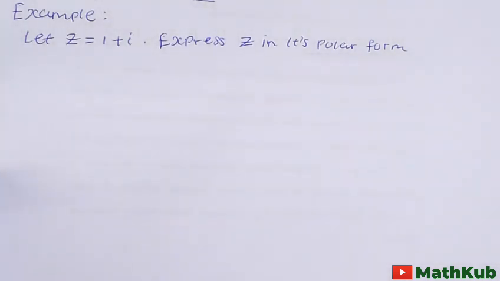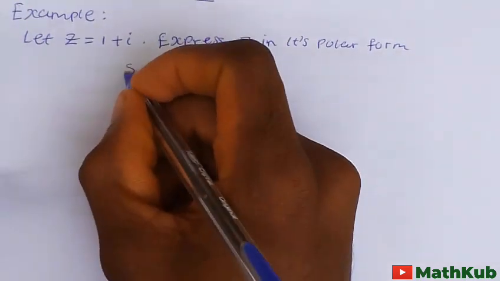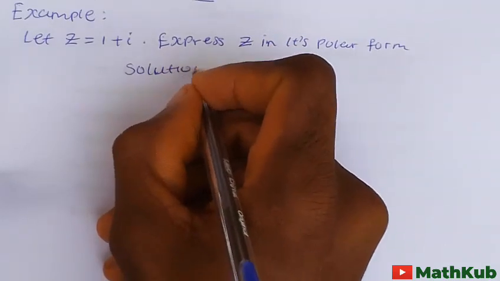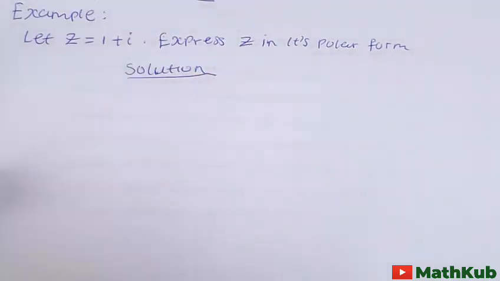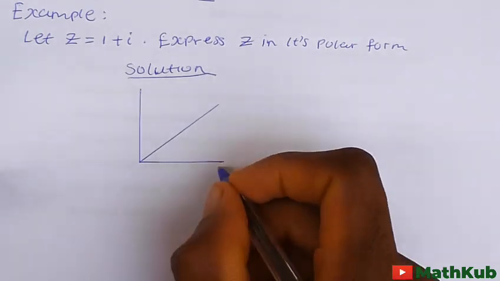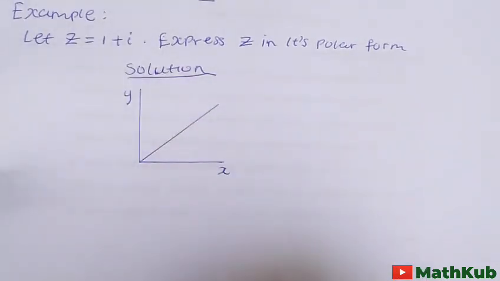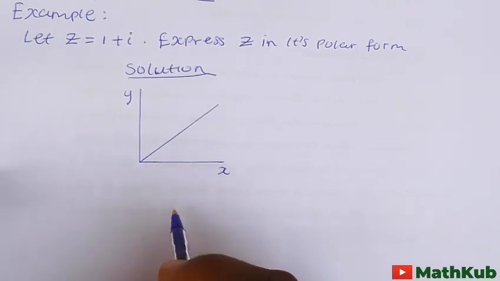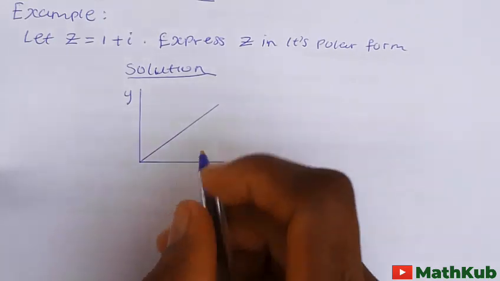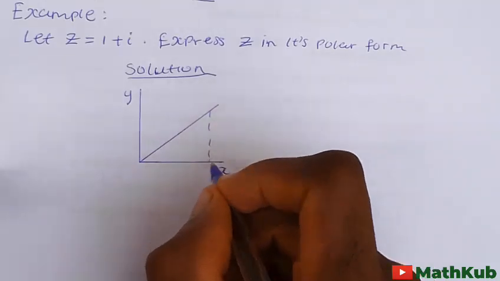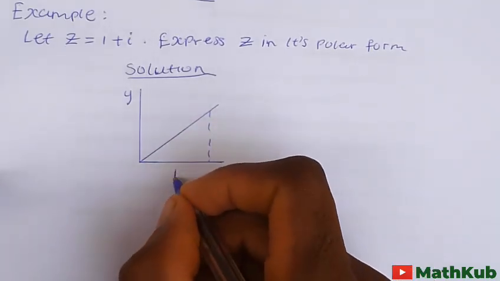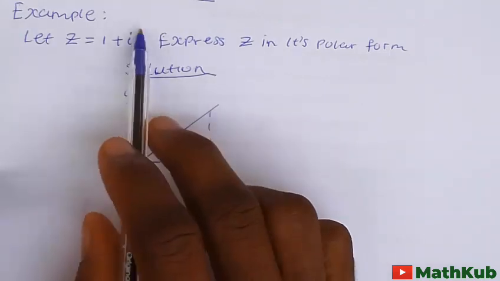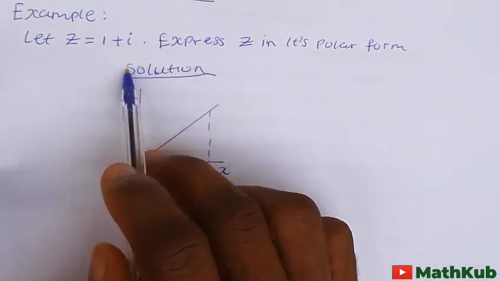Let z be equal to 1 plus i. The question now is, express z in its polar form. I want to represent this complex number in a Cartesian plane, the x and y axis. On the x-axis we have 1, and on the y-axis, the coefficient of i is 1.